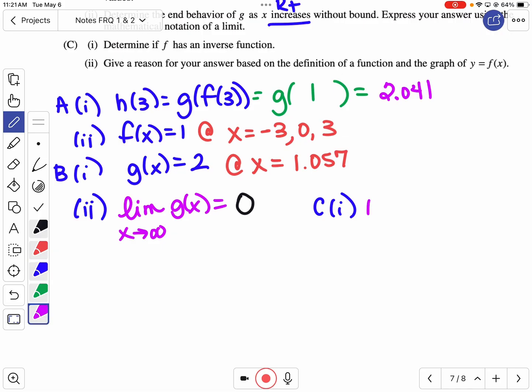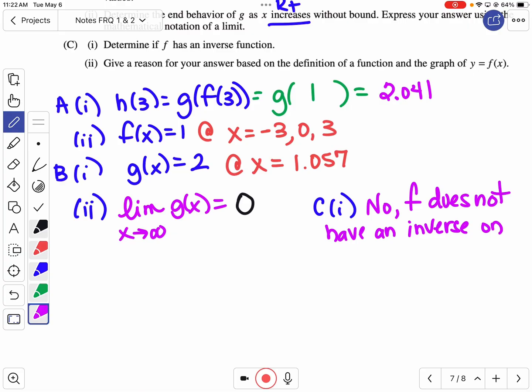We're going to say no. f does not have an inverse on the domain negative 3.5 to 3.5, because that's what it gives me. First thing it says, does it have an inverse? No. You can't just put no. Say the sentence. They just want you to have good math.